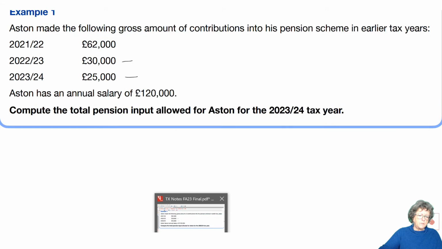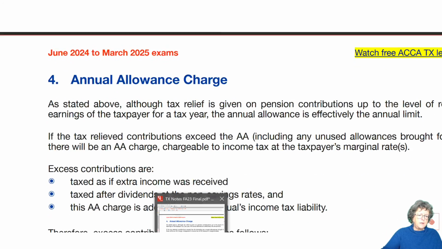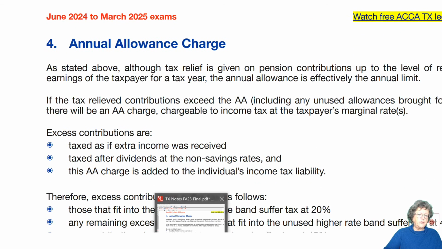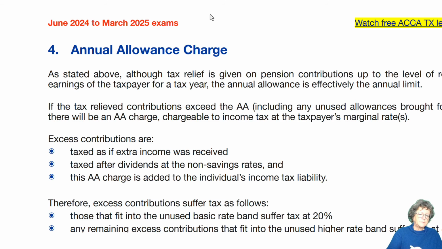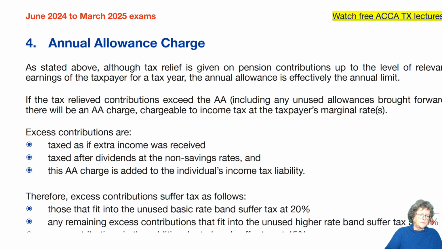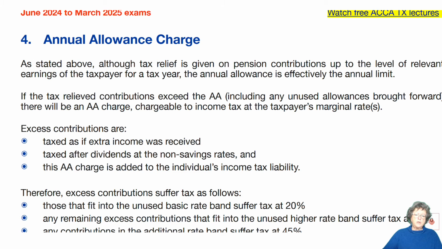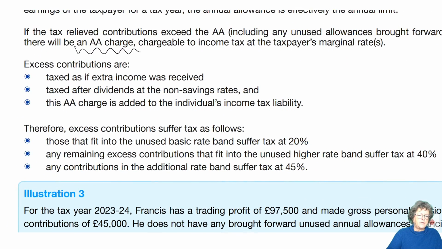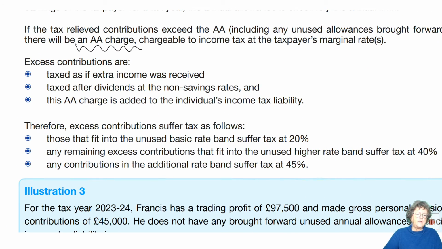Okay, so moving swiftly along. Now, what happens if you put in too much? So if you put in too much, then you will be given an annual allowance charge. So excess contributions are taxed as if they were extra income received.